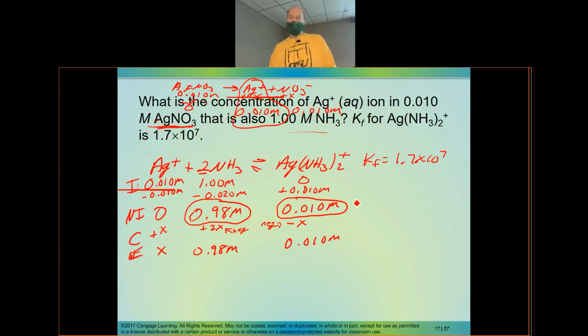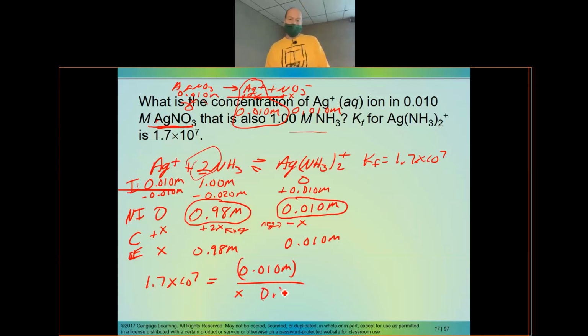All right, and so we plug in our Kf, which is 1.7 times 10 to the 7th. That is equal to our Ag(NH3)2+, that is our 0.010 molar, over Ag+, which is X, and NH3 squared. So the reason why people miss this is because they don't square it. So 0.98 quantity squared.